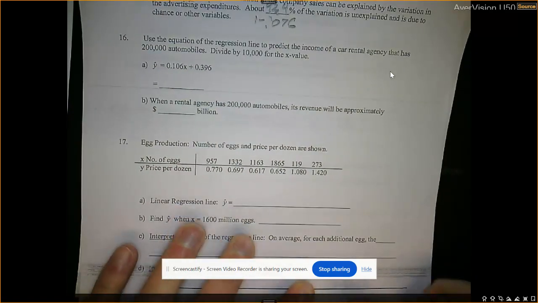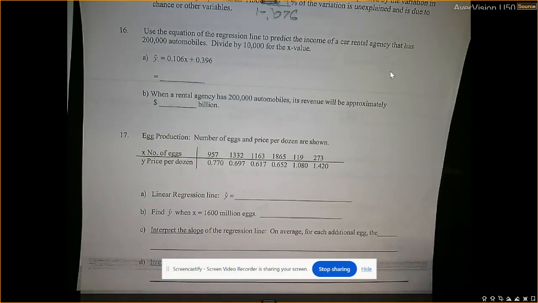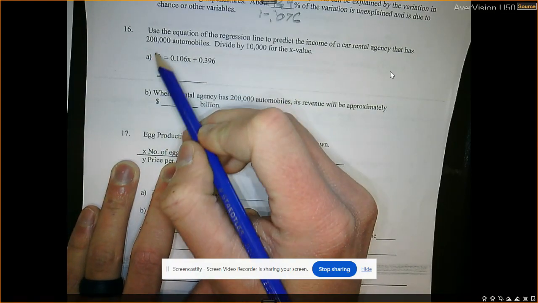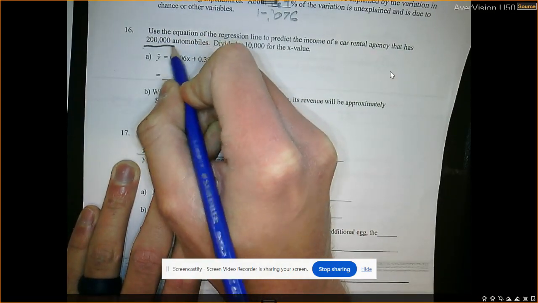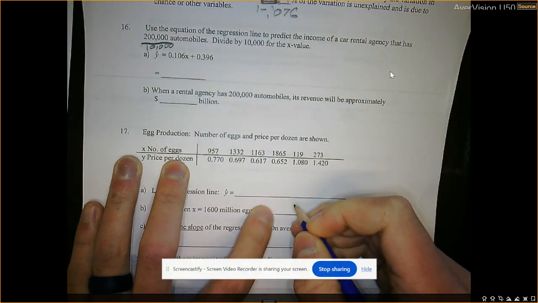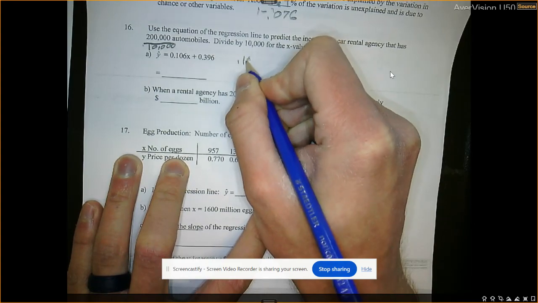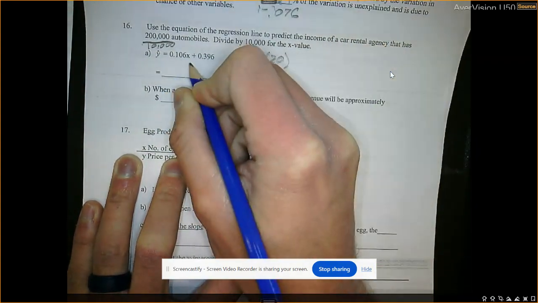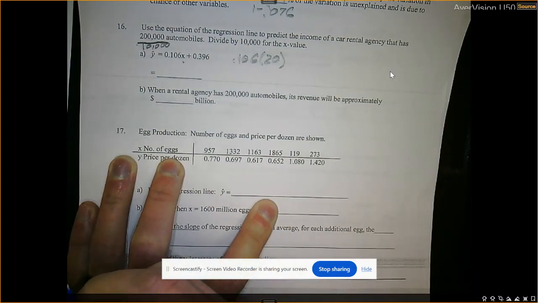Okay, so 16: use the equation of the regression line to predict the income of the car rental agency that has 200,000 automobiles, divided by 10,000 for the X variable. So what we are doing here is dividing by 10,000 as they said. This is our X variable for the 200,000 automobiles, which really means we are doing 0.106 times 20, because 200,000 divided by 10,000 is 20, so we're just putting 20 in for X, right?